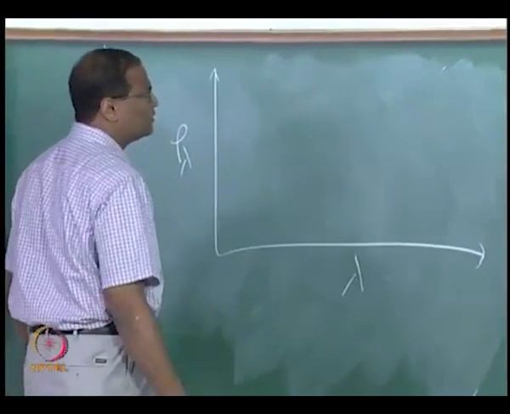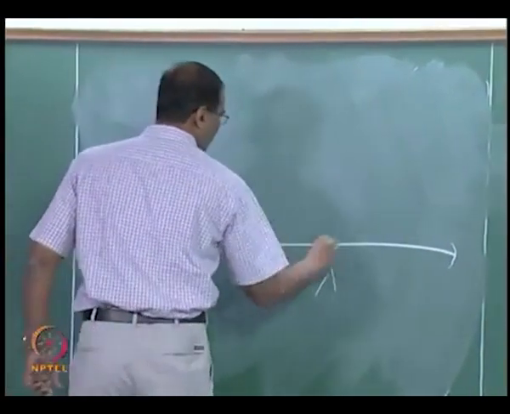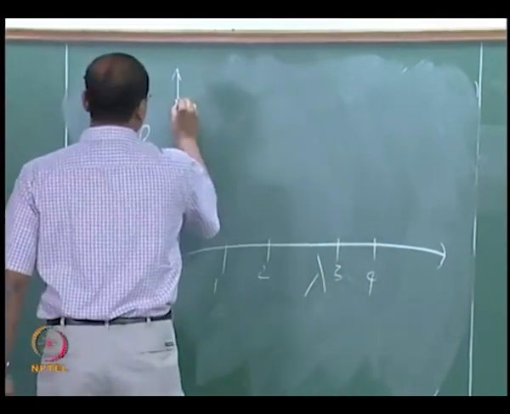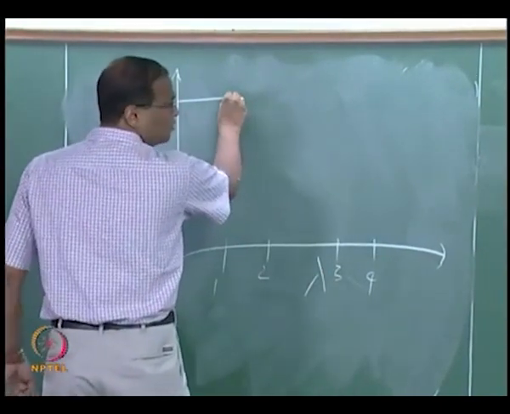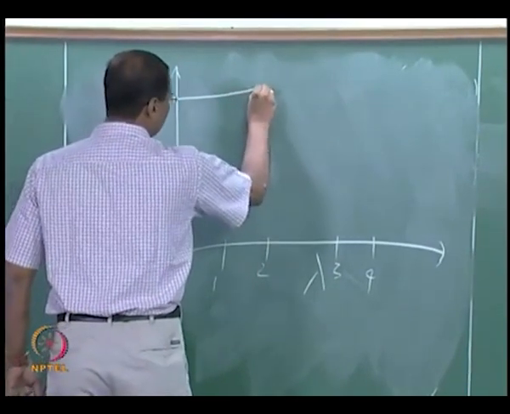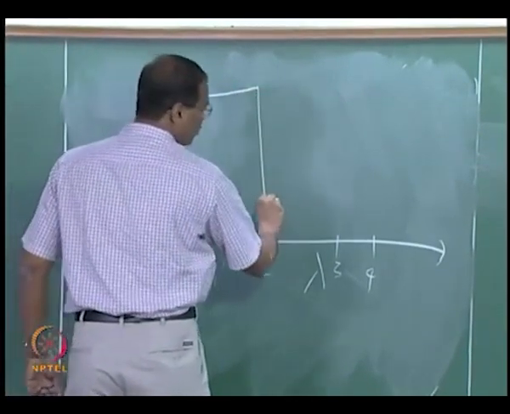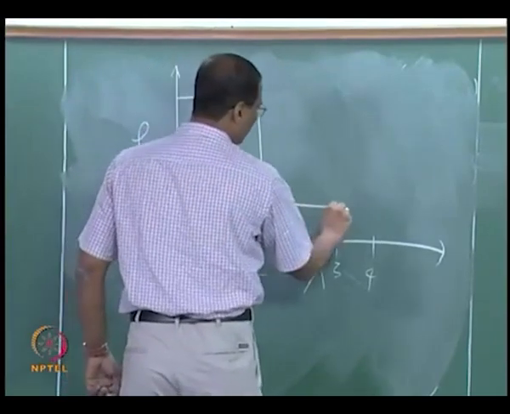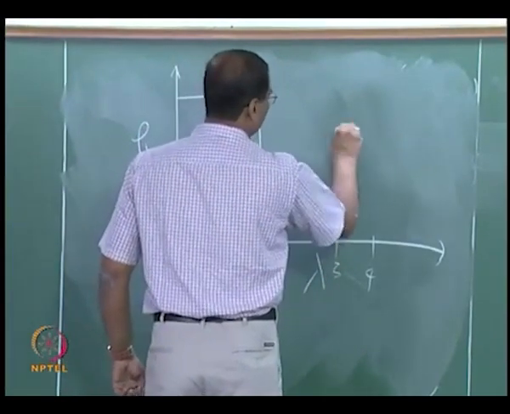Now it starts with 0.8 up to 2, then 0.2 up to 3, then 0.6.